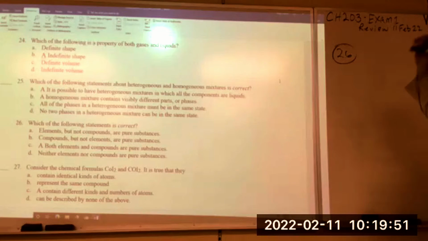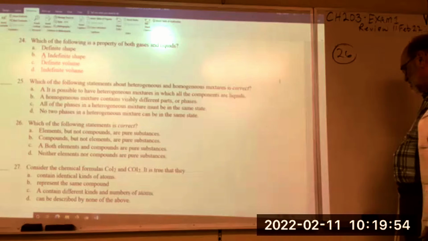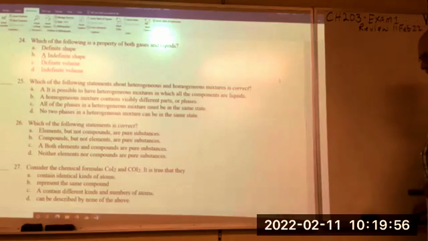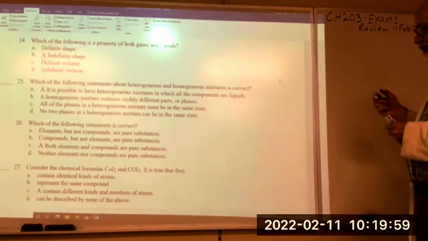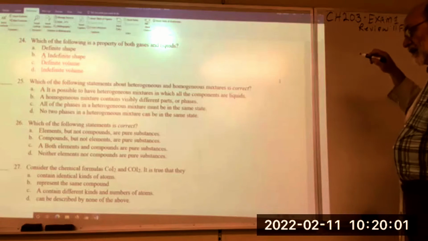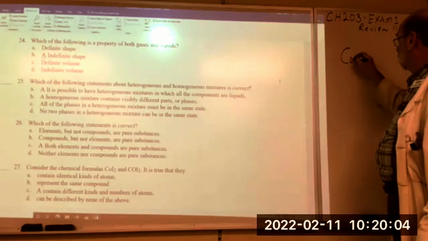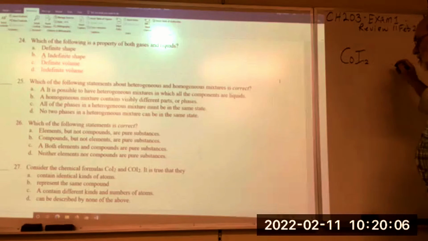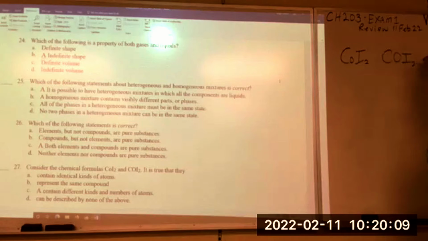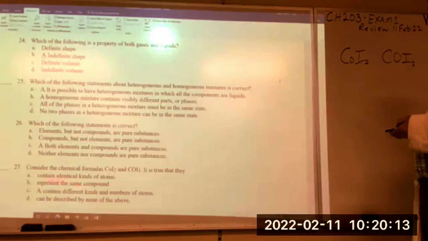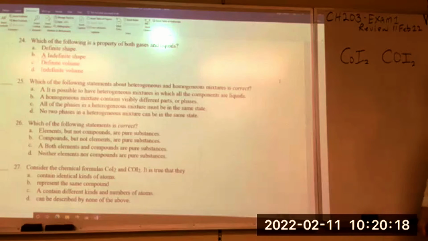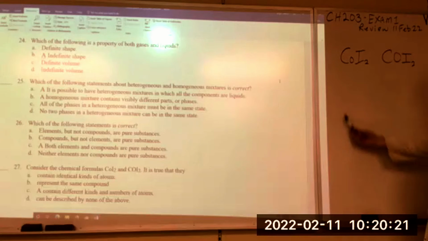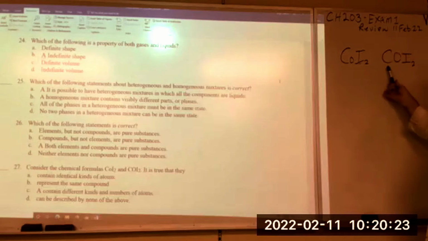Okay, 27. Consider the chemical formulas. Watch out, this is a tricky one. The chemical formula is this one and this one. "They contain identical kinds of atoms." Is that true? No. That's cobalt, that's iodine. That's carbon, that's oxygen, and that's iodine.